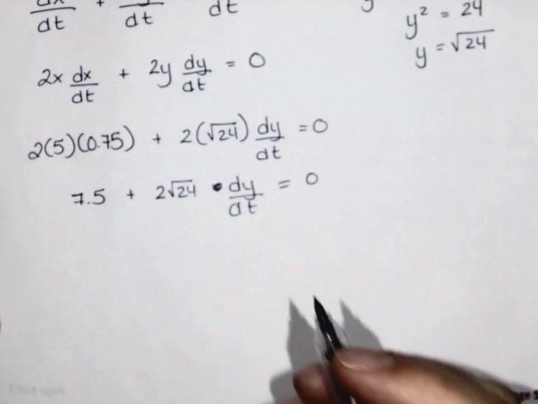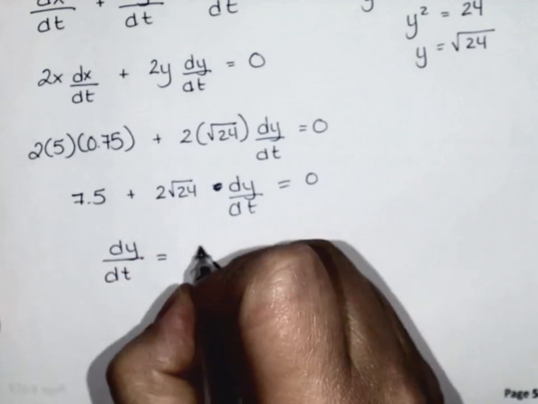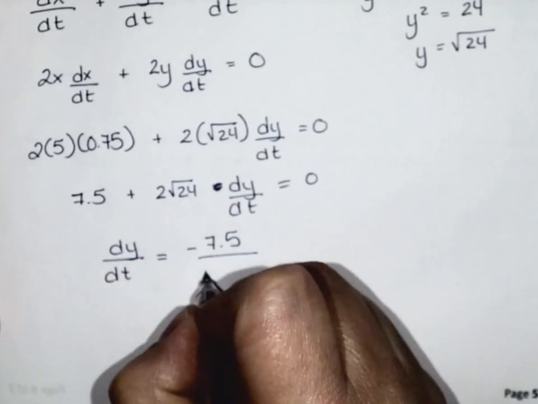I got too excited and I tried to move things. So dy over dt is going to be negative 0.75.